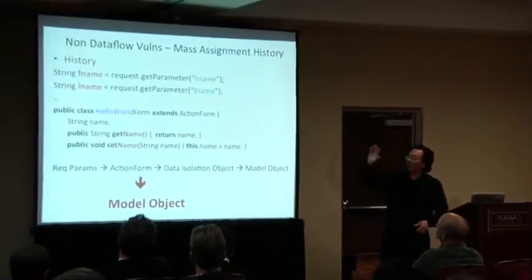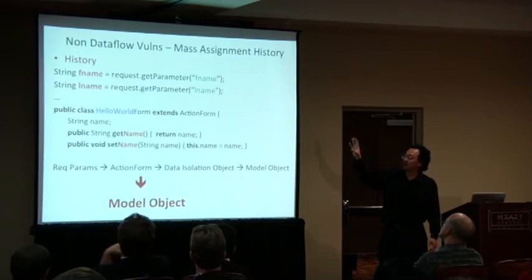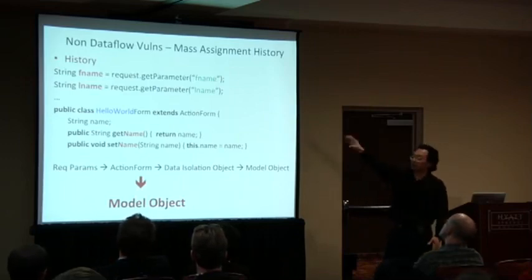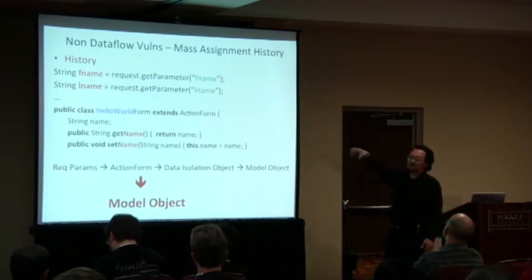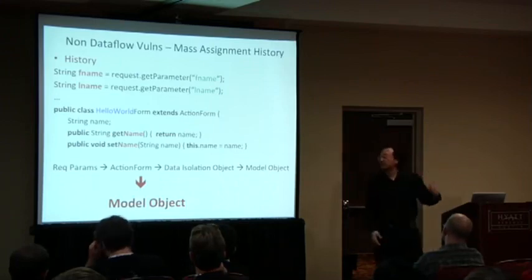So back in the day when we were first making web applications, a lot of the time we were getting request parameters by making calls like request.getParameter such and such, request.getParameter such and such. We had tons of these throughout the code when we had big forms.